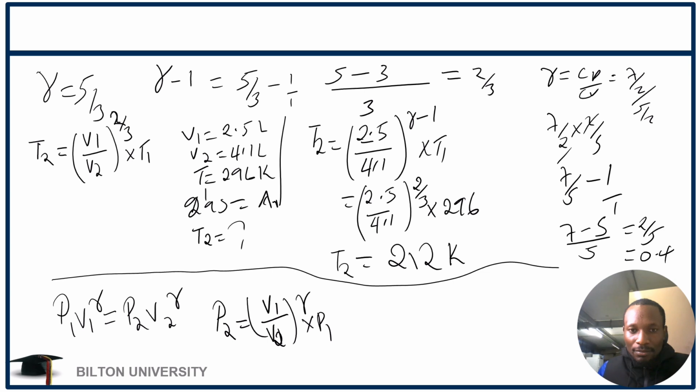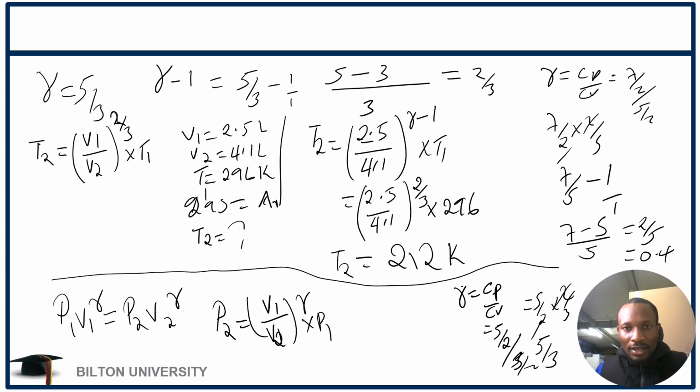If it is monoatomic, gamma is equal to Cp over Cv, which is 5 over 2 divided by 3 over 2, that is 5 over 2 times 2 over 3. They cancel each other, and it's going to be 5 over 3, which is the same as 1.67.